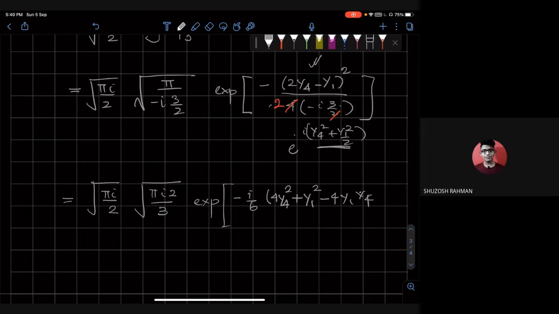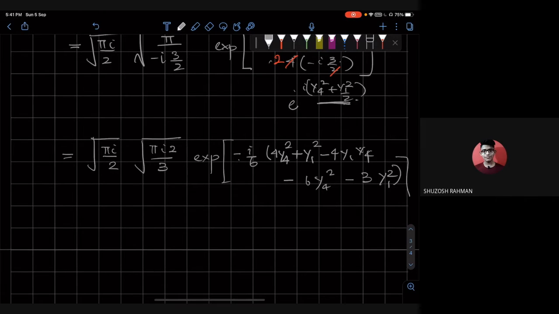So the first term becomes minus, because of this minus sign, 6 of y4 squared. The second term becomes minus 3 y1 squared, because of this factor of half. So this is the result of the second integral.